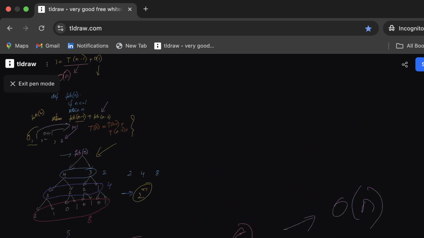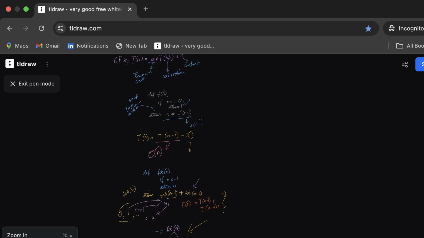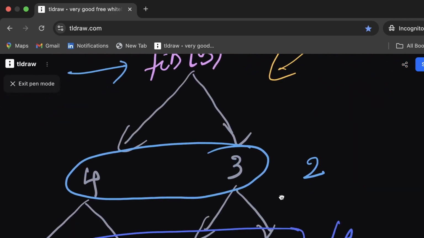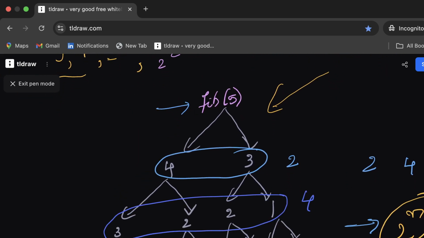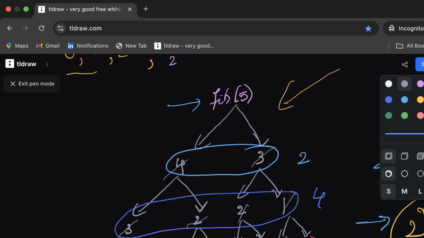Okay, but let's come back over here, to 100. To calculate the complexity of phi, how many calls did I have to make? This is 5, so I'm going to make 1, 2, 3, 4, 5, 6, 7, 8, 9, 10, 15. So at each level I'm making two calls.